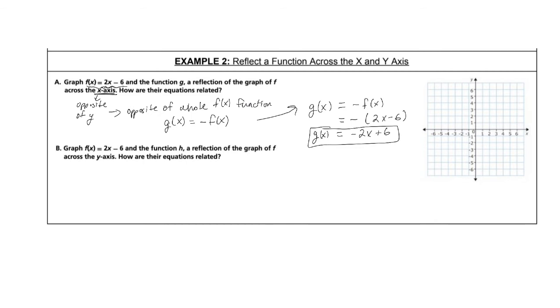And then once we find the other one, we'll graph all three. We'll graph f of x, g of x, and then we're going to find h of x for a reflection over the y-axis. So again, a reflection over the y tells us opposite of x.